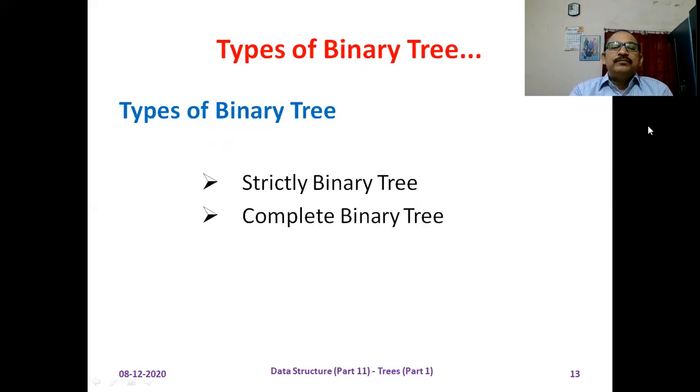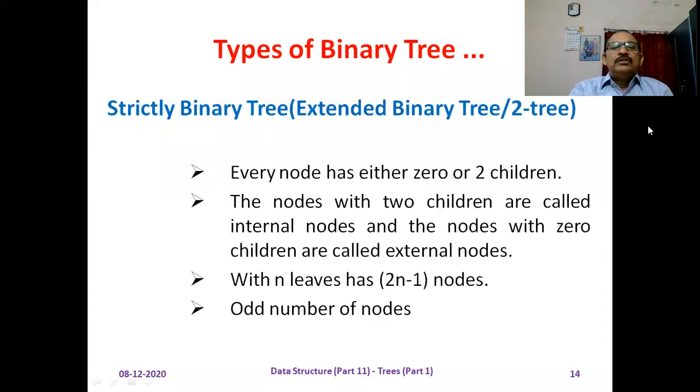Types of binary tree. There are two general types of binary tree: a strictly binary tree and a complete binary tree. Let us see what a strictly binary tree is. A strictly binary tree is sometimes also called an expanded binary tree and a 2-tree.